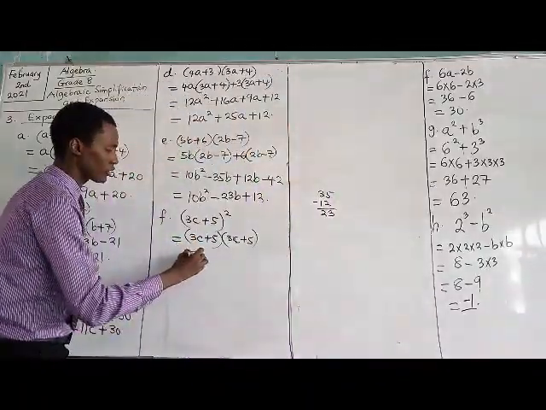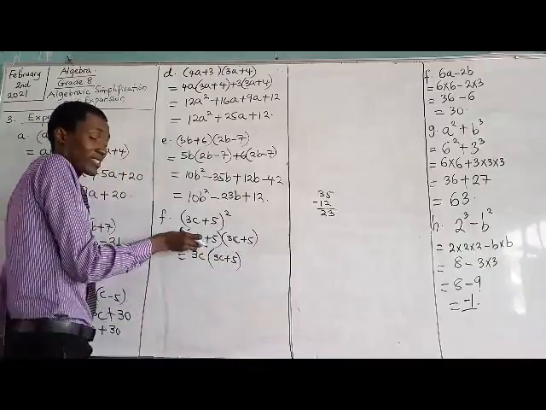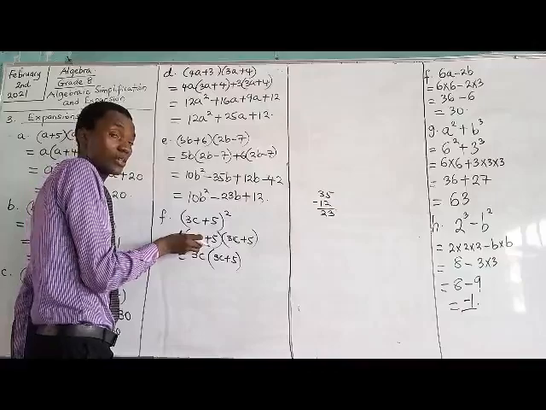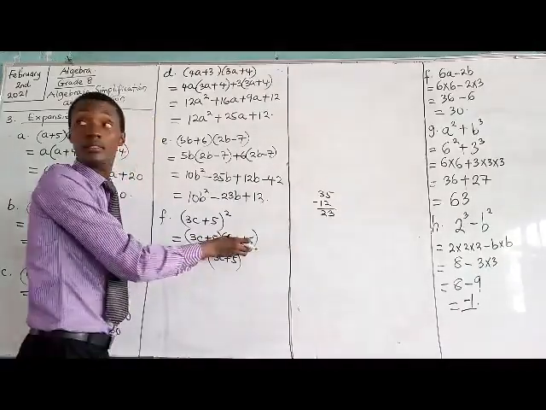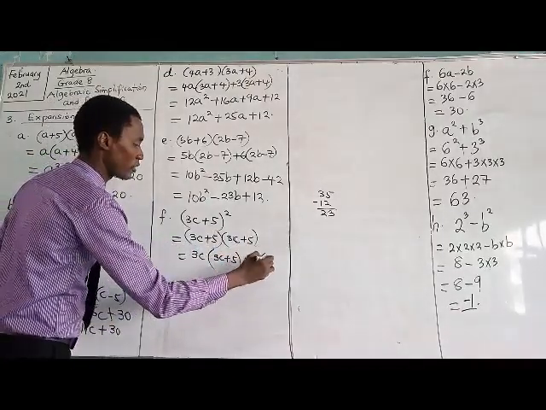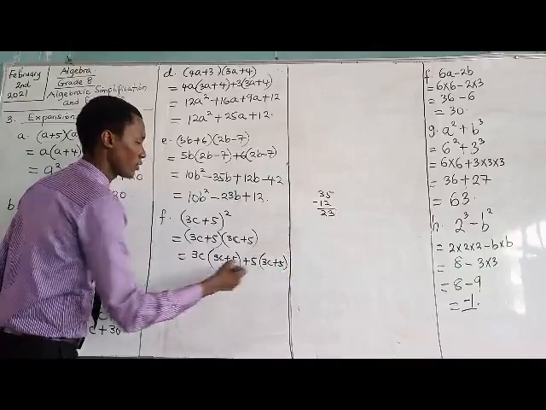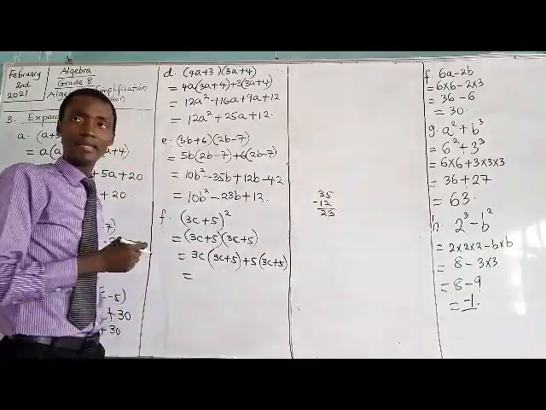So with that, we have 3c into 3c plus 5. The first element of the first bracket multiplies with all the elements of the second bracket. And then 5 multiplies with all the elements of the second bracket. So with that, you open up the brackets.